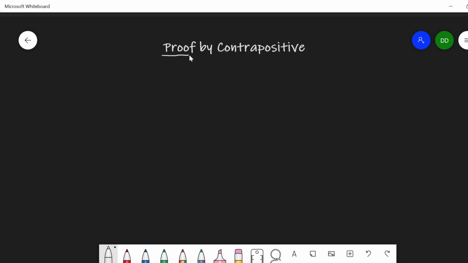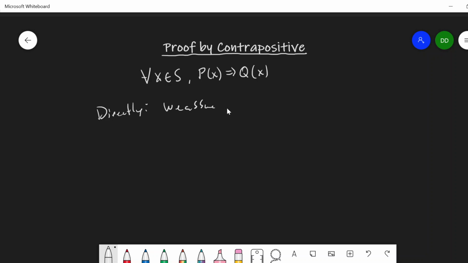Just like in a direct proof in the last section, we were mostly concerned with proving statements like for all x in some set S, P of x implies Q of x. That was mainly the statements we were looking to prove. And in a direct proof, we assume P of x and show Q of x follows.